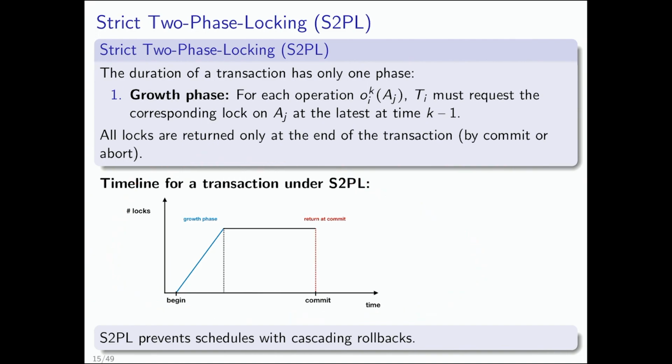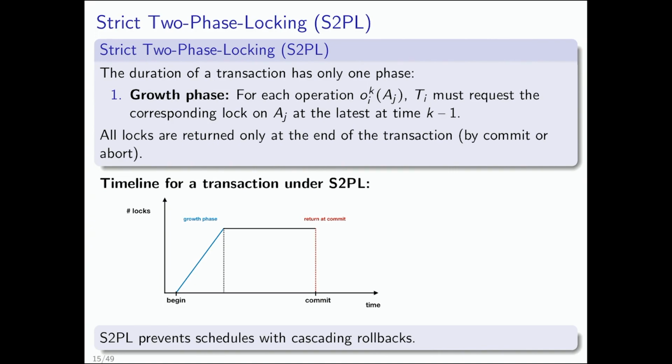While running the transaction, as we had seen before, I was already releasing some of those locks. I'm not doing that anymore. When I acquire a lock, I keep the lock until I commit or until I abort, but not before, not while running.